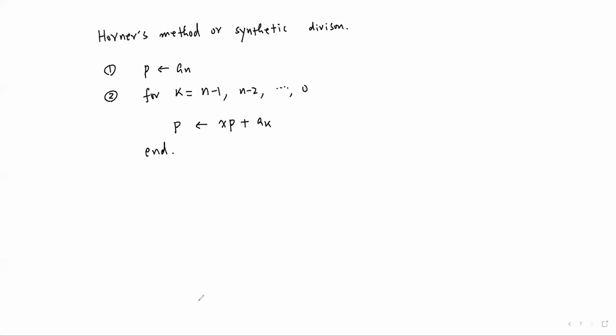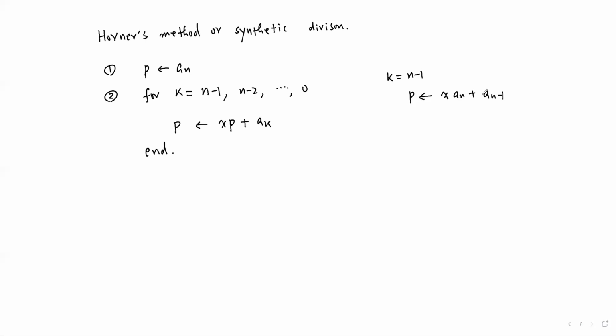Then how to understand this algorithm? I suggest step by step. When K is n-1, then this new P, what is this new P? This new P is x times the old P, which is AN, plus, now K is n-1, so AN-1.